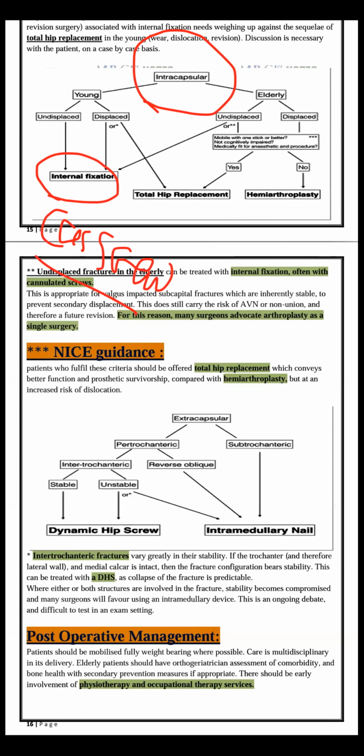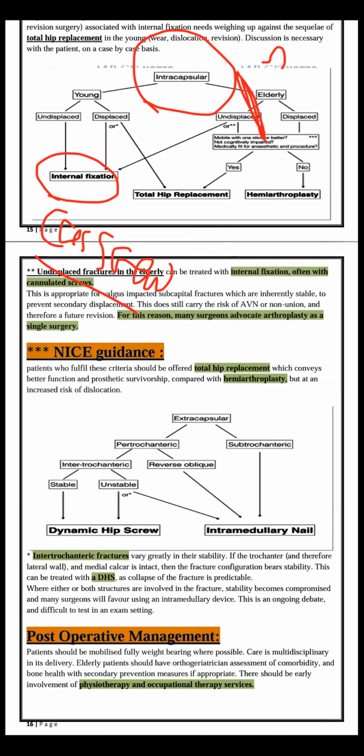So young age, displaced or non-displaced, I will go for cannulated screw. Old age undisplaced, I will go for cannulated screw. But if displaced in an old age patient, displaced old age intracapsular, I have more susceptibility to avascular necrosis. So here we will stop.